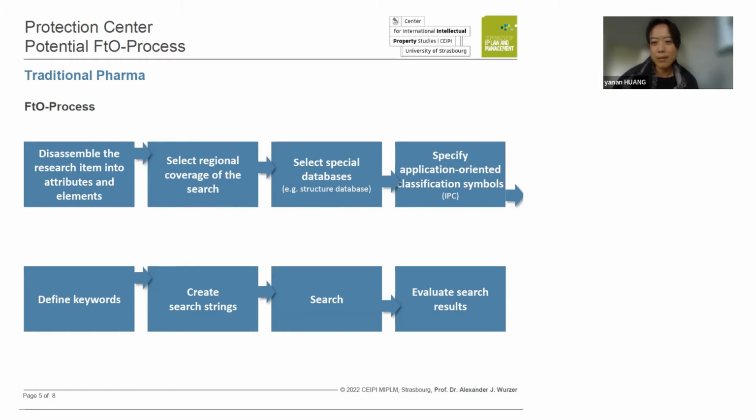The third step is to select a special database, because each database has its own unique strengths. So choosing a suitable and special database for pharma helps a lot.